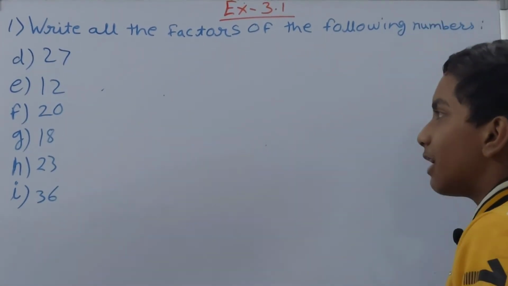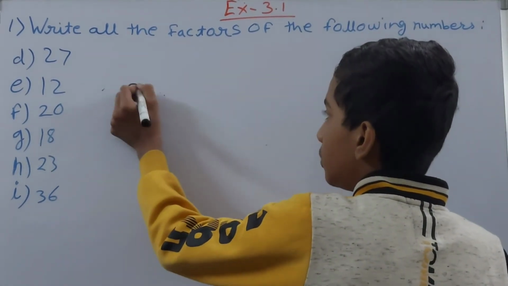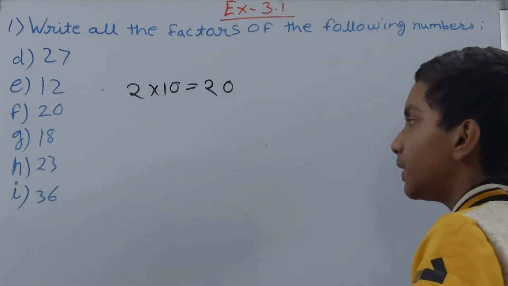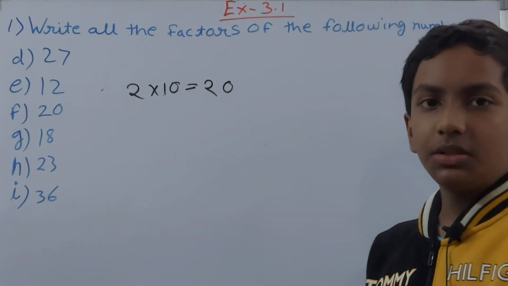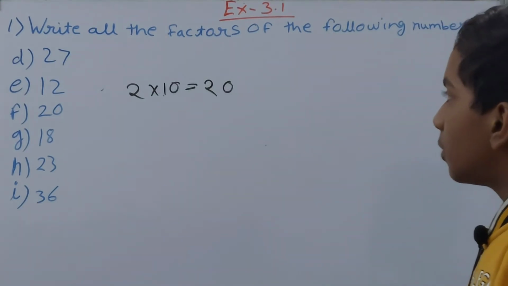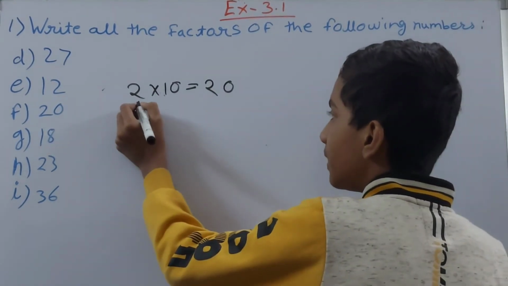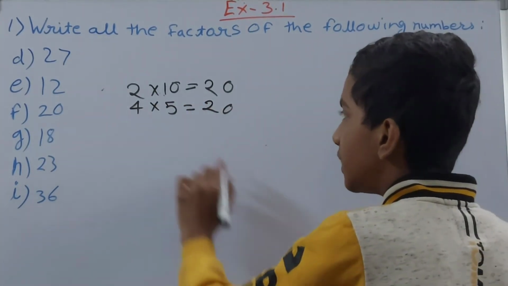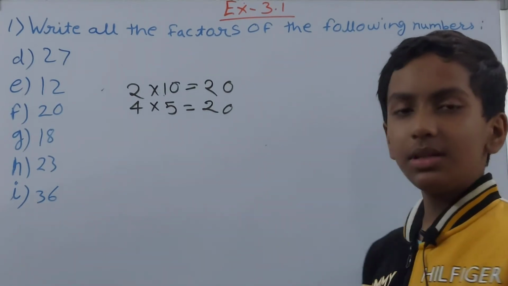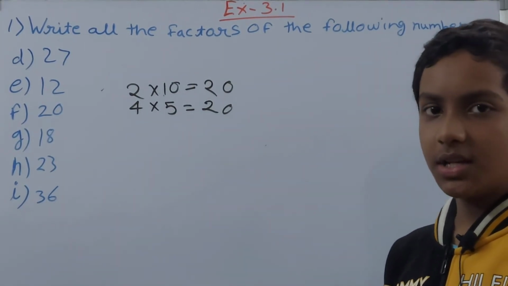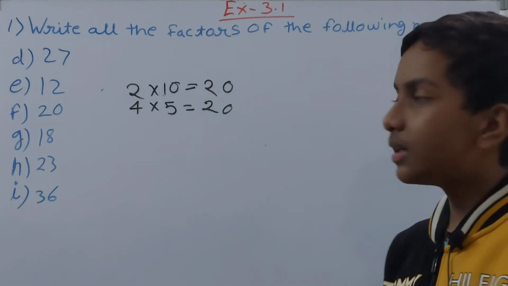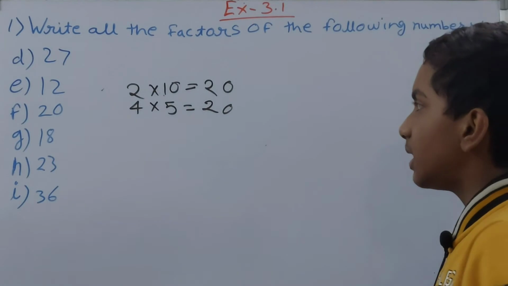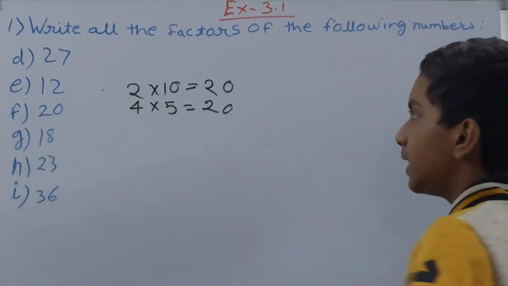Next number we have is 20. So 2 into 10, 2 tens are 20, we all know. So 2 is also a factor of 20. Then 3 will not divide it. 4, 20 comes in the table of 4 how many times? 5 times. 4 5s are 20. 5 is already taken here. 6, 20 does not come in the table of 6. 7, it does not come in the table of 7 either. 8 no. 9 no. 10 yes, it comes in the table of 10 2 times, but it is already taken over here.